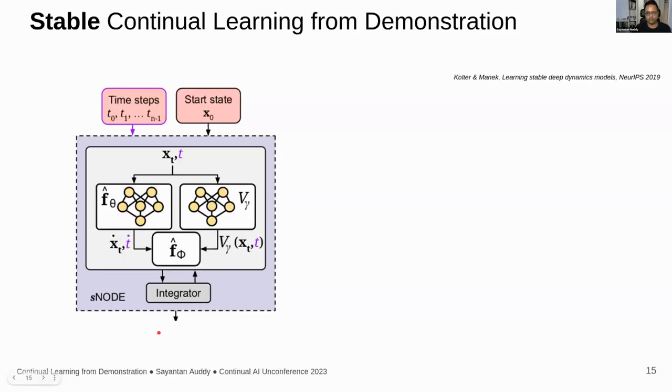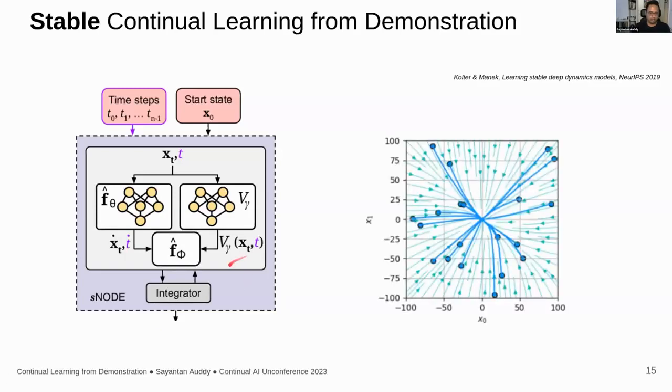So for example, when a stable node is initialized randomly, so this is not trained on anything, this is just randomly initialized, and I give it some inputs, this is the kind of trajectory that it predicts. Even a randomly initialized network predicts trajectories that always end up at the goal. For an untrained network, the goal is the origin, but there's a theoretical guarantee that it cannot produce unstable motion.